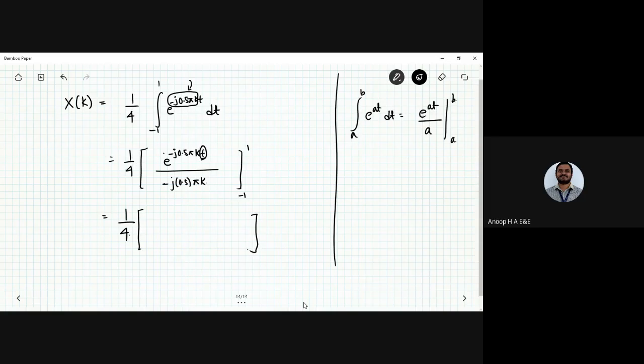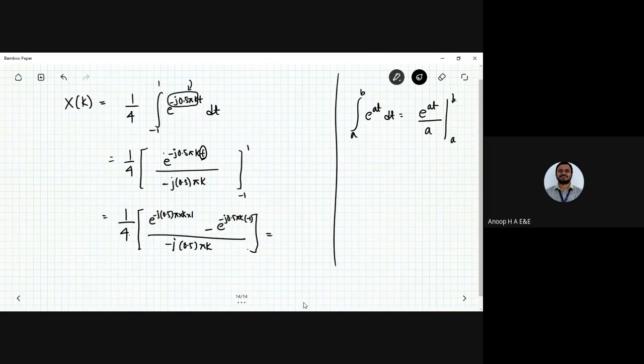So can you evaluate the integral? That is e power minus j into 0.5 into pi into k into 1, minus e power minus j 0.5 pi k into -1, divided by minus j into 0.5 into pi into k.